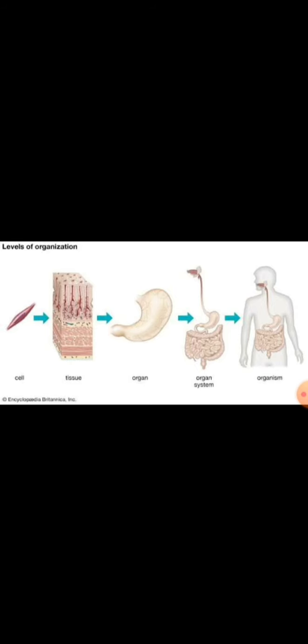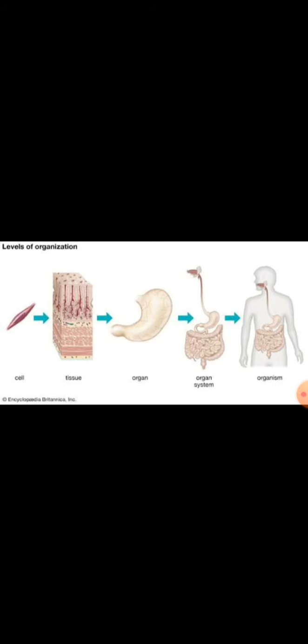For example, as human beings we have different types of organs in our body, which are part of different organ systems. The lungs are part of the respiratory system because they help us absorb oxygen from the inhaled air and remove carbon dioxide from the body through exhalation.